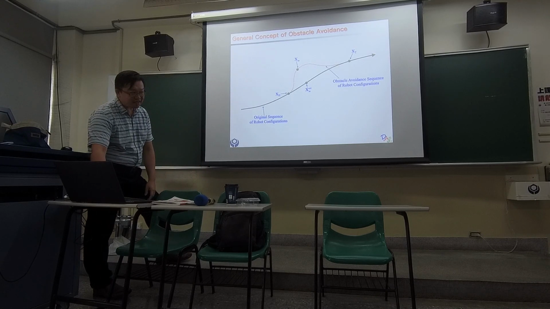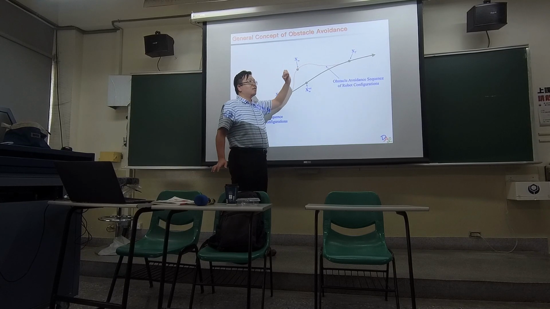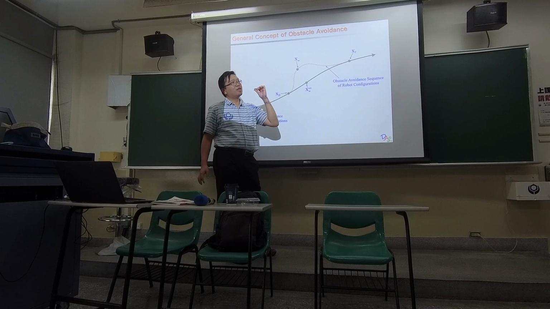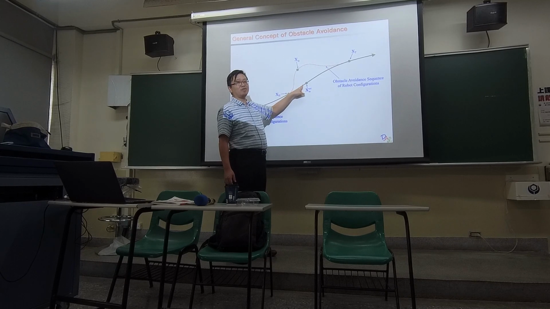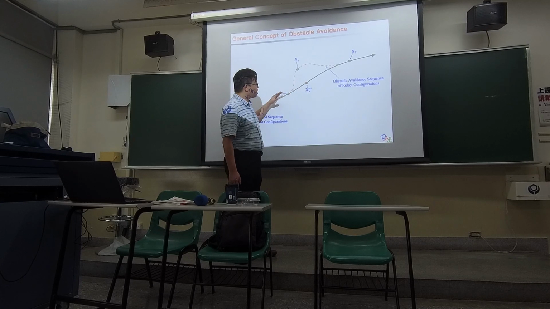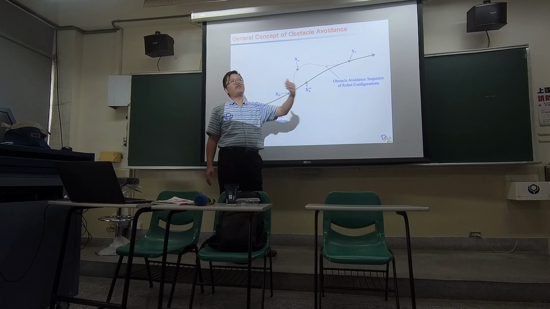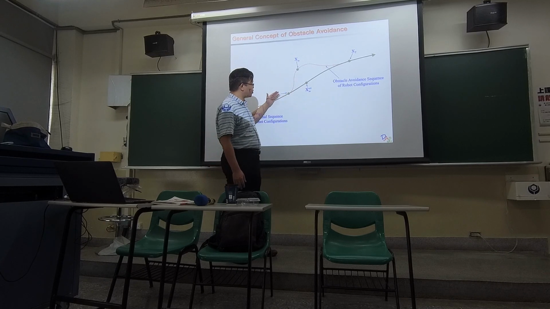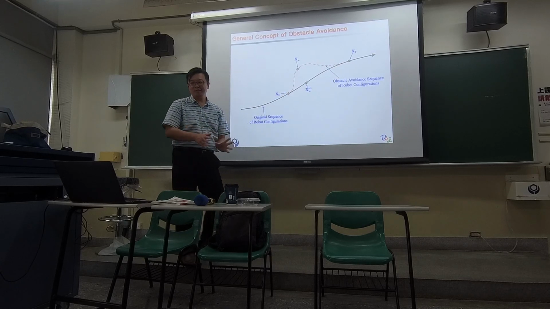So the idea is I need to find a newer point right here to replace this one. But this one was a good one. The only bad thing about this one is that it will collide with the obstacle. The main reason is because it's not safe. But this particular point fulfills your objective, which is moving from the left to the right. So that was a good point.